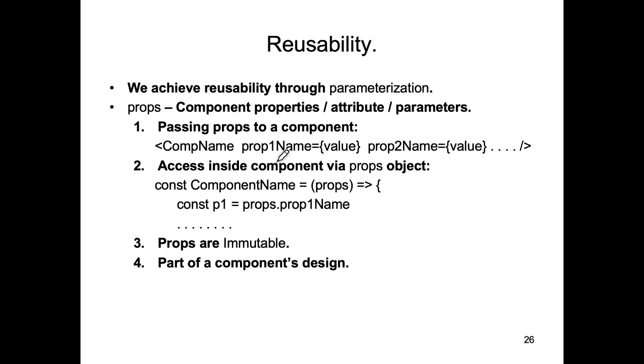Now, in the language of React, parameters are referred to as props, which presumably is short for properties. And there are two things that we need to know. A, how do we pass props or parameters into a component? And B, how does the component access those props internally?